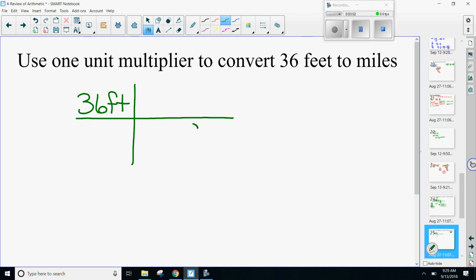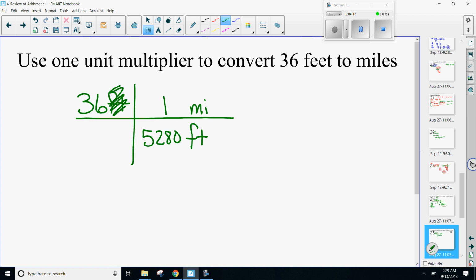Unit, feet. Feet has to come off. Who has to go in? Miles. All right, now I asked you to look at conversion factors yesterday and start studying those. What's the conversion between feet and miles? 5,280 feet in 1 mile. So there's 5,280 feet in 1 mile.